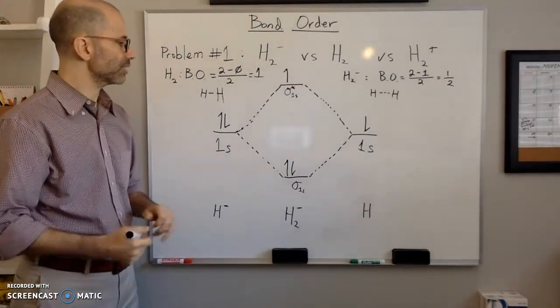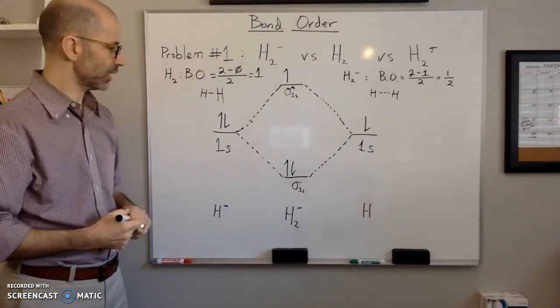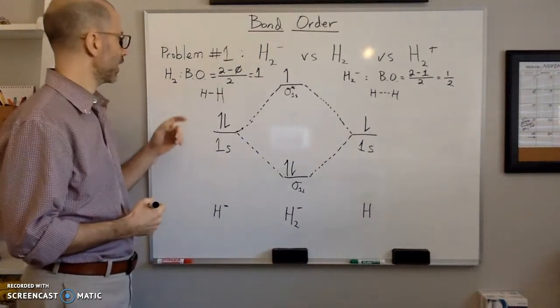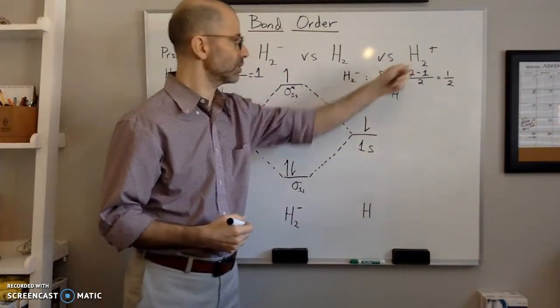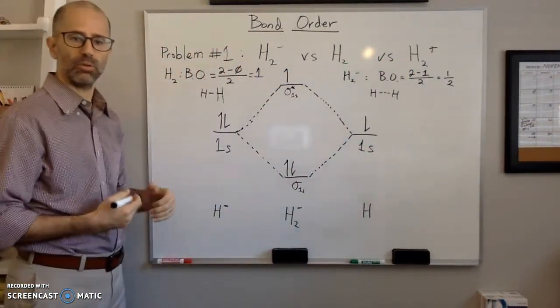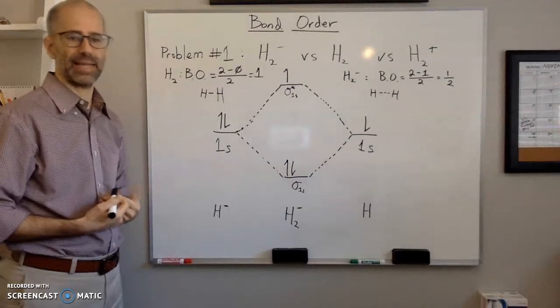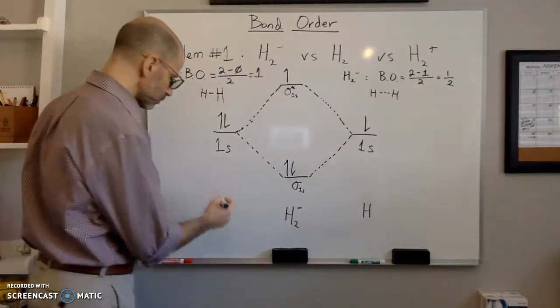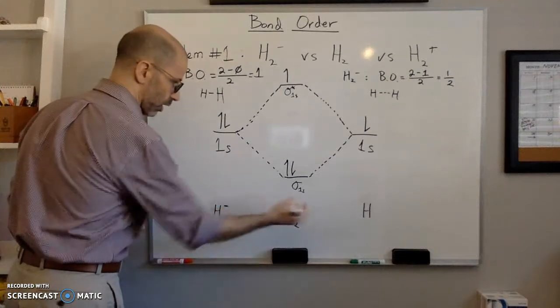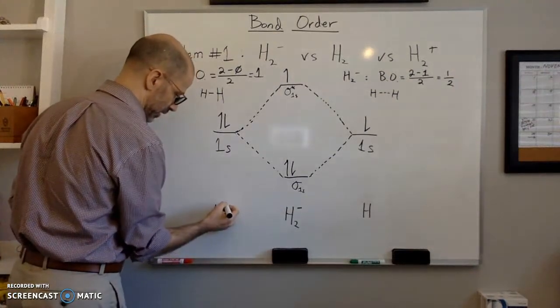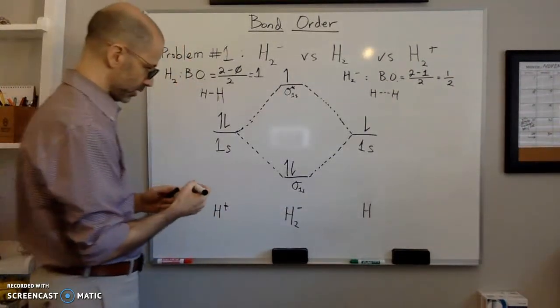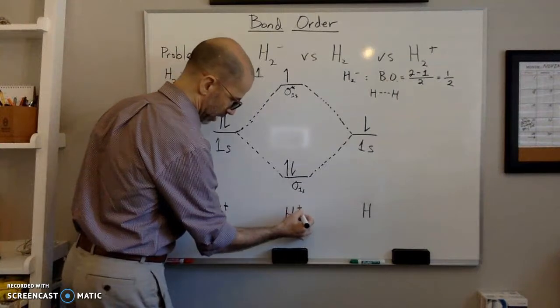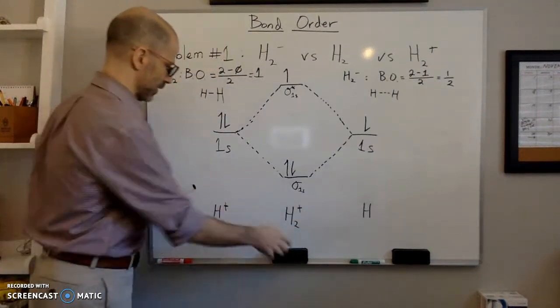Okay. And the next one is, what if we have H2 plus? That means that we have 1 less electron than we should have, right? So one of our atoms is missing an electron. If we make this one a plus, that's going to make our molecule a plus. So we're missing an electron.